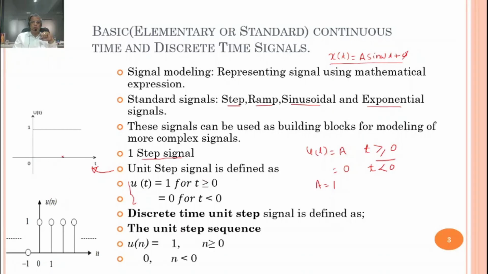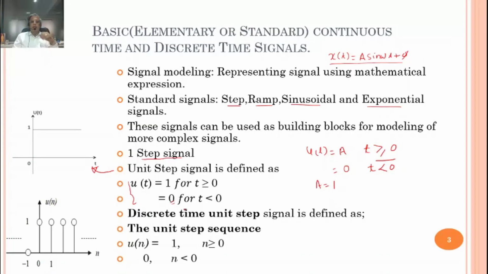Observe this figure. For t greater than or equal to 0, the amplitude is 1. Otherwise, the amplitude of the signal is 0, meaning for negative values of t, the signal is 0.